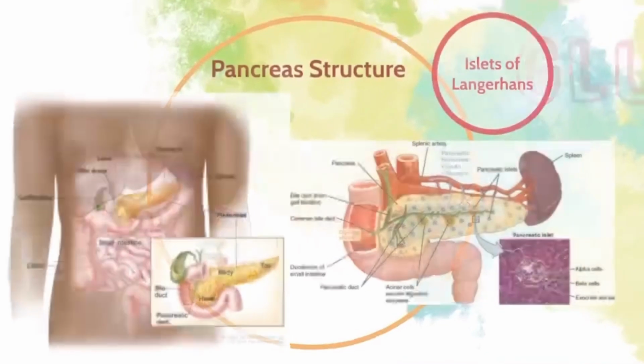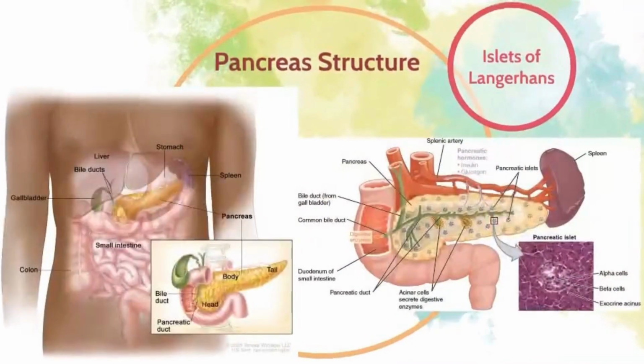So first of all, let's talk about where exactly the pancreas is. The pancreas is an organ that sits under your liver and next to your spleen. As you can see in the diagram, the pancreas is made up of three sections. So it's got a head, body and tail. The pancreas has two functions. It has exocrine function and endocrine function.